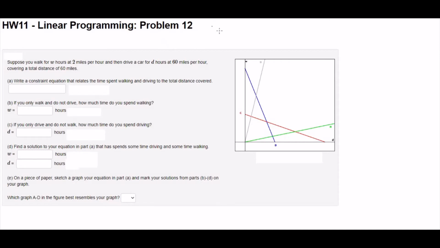First of all, we need to know that distance equals the rate times time. So here our total distance t is equal to walking plus driving. So here we're going to write the walk equation and the drive equation. So the distance from walking is 2 times w because 2 is the rate of walking, 2 miles per hour, and w is the number of hours.